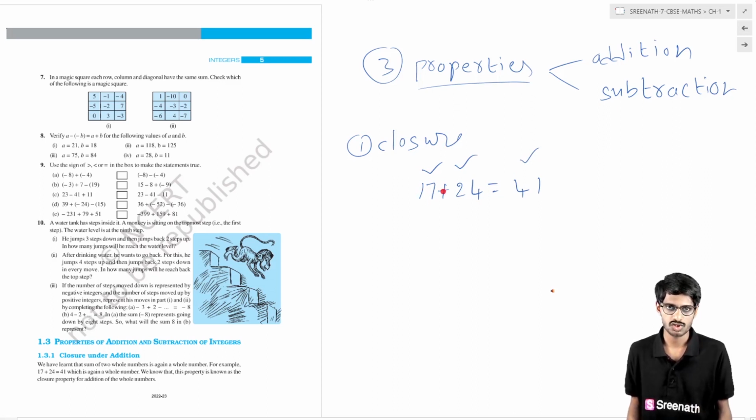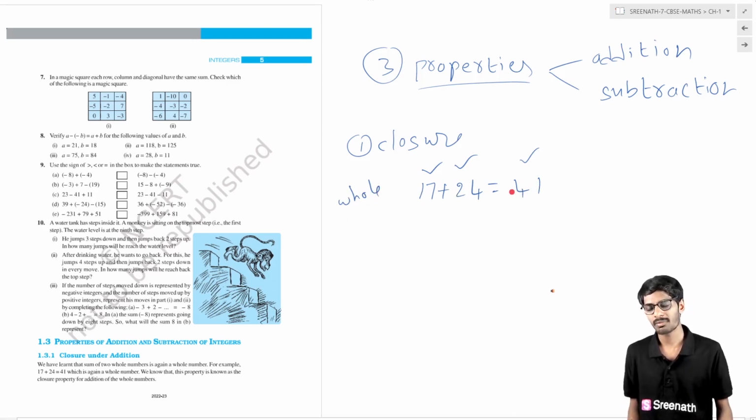What is meant by closure property is that if you add any two integers or any two whole numbers, and the result is also an integer, then we say closure property is satisfied. For whole numbers we learned in the previous class that when we add two whole numbers, the result is also a whole number, so closure property is satisfied by whole numbers under addition.